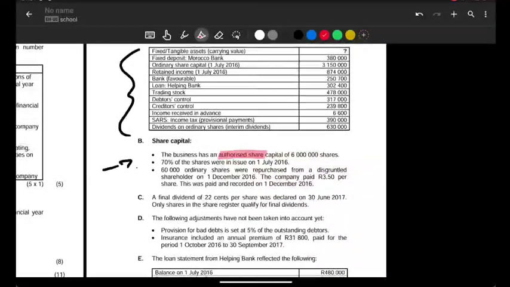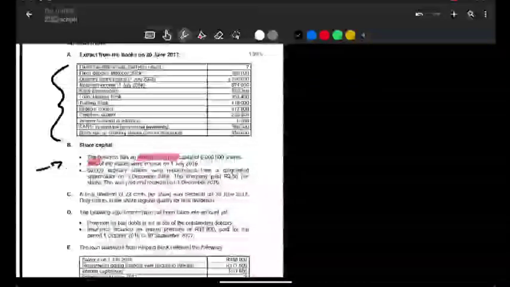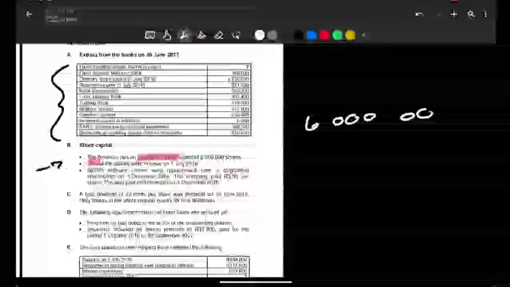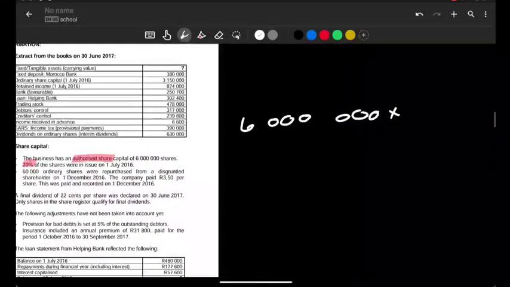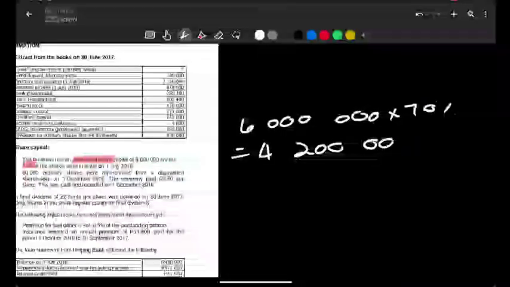70% of the shares were in issue on 1 July 2016. This is what we're looking for. 70% were in issue. So if we say 6 million there, 6 million multiplied by 70%, you should get 4,200,000 shares.